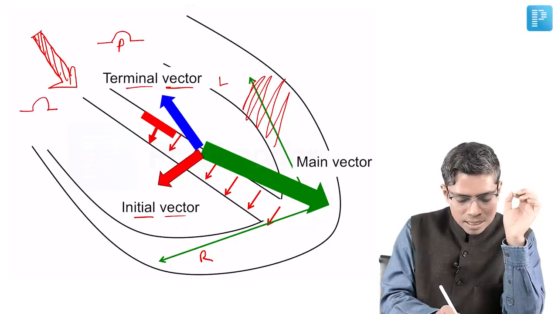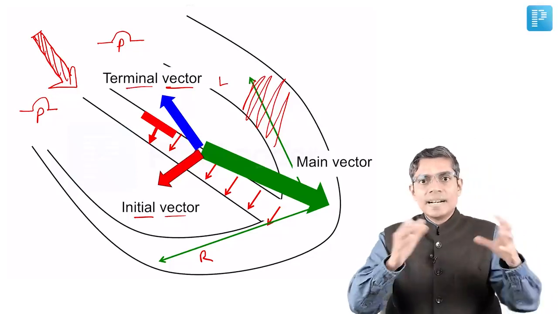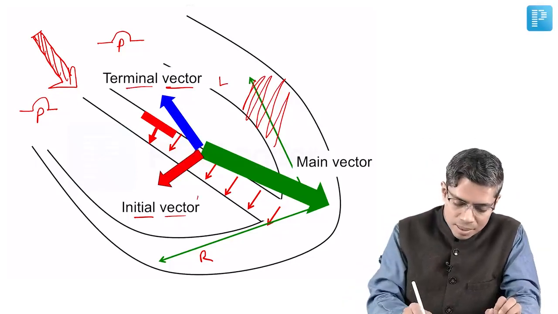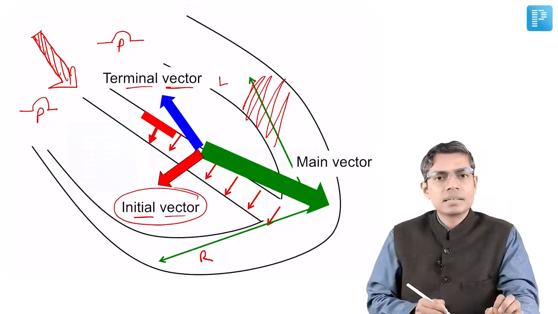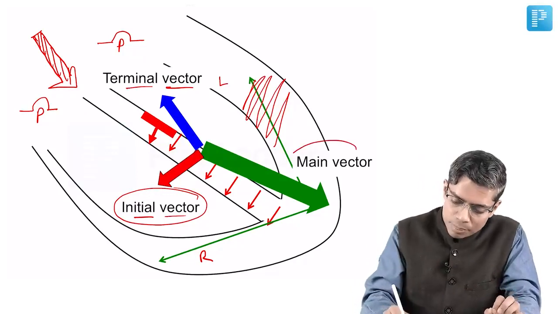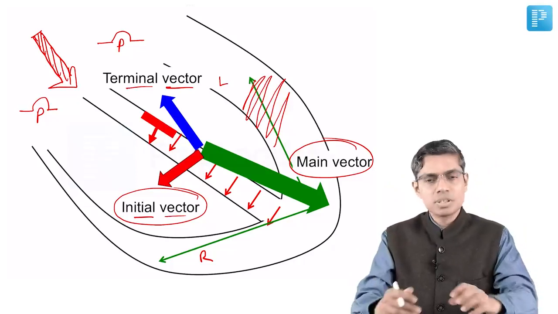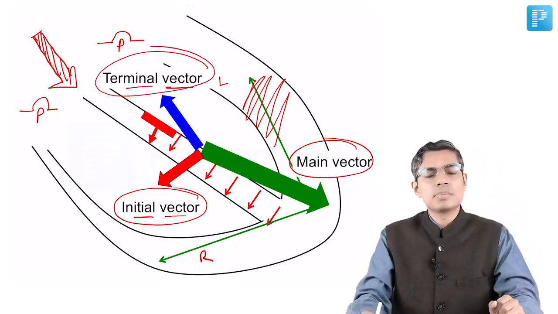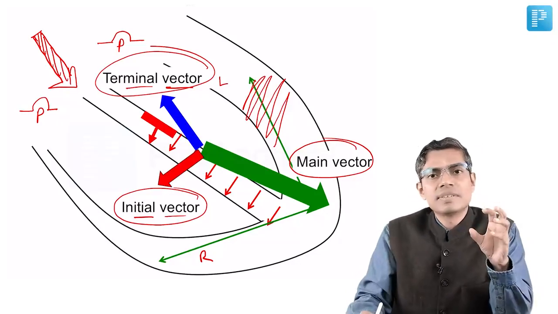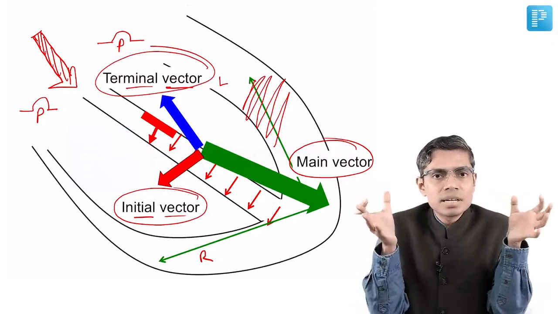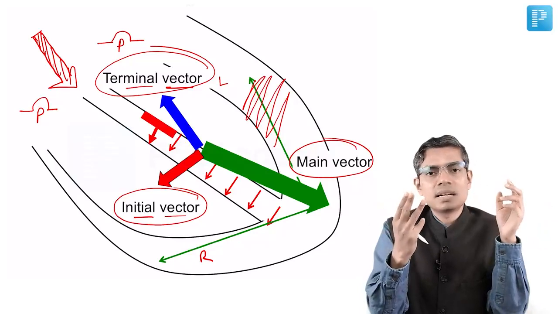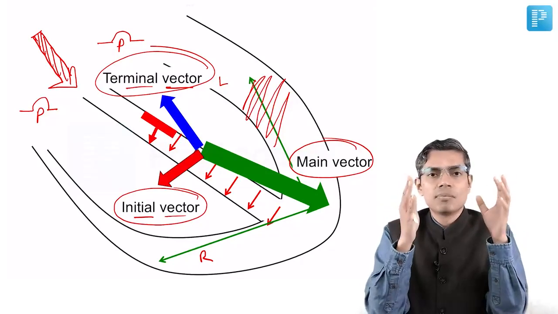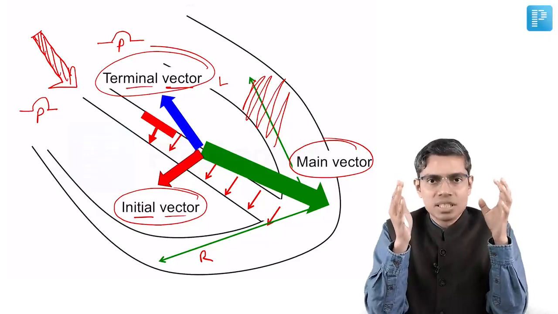But ventricular depolarization is a complex one, where the septum is depolarized first, generating the initial vector, then both ventricles are depolarized, giving rise to the main vector, and then the base of the ventricle is depolarized, giving rise to the terminal vector. So during ventricular depolarization, three instantaneous mean vectors are created, which have to be recorded by a voltmeter or ECG machine.